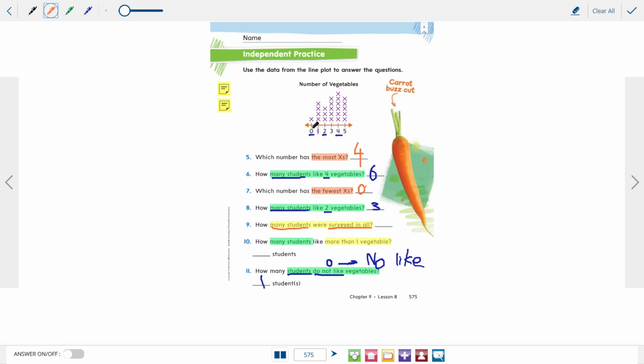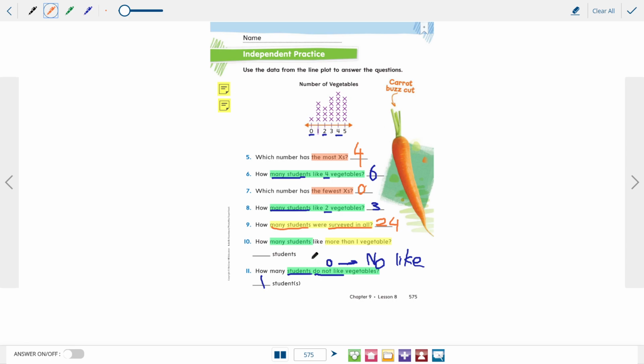So let's count the x's. 1, 2, 3, 4, 5, 6, 7, 8, 9, 10, 11, 12, 13, 14, 15, 16, 17, 18, 19, 20, 21, 22, 23, and 24. So the answer is 24.